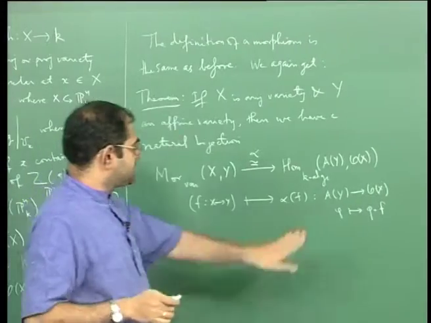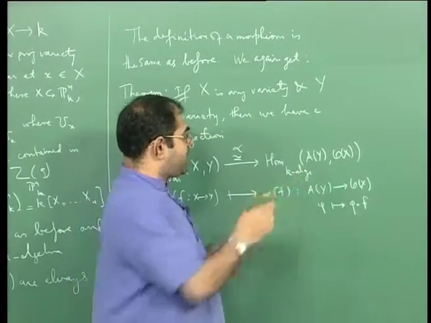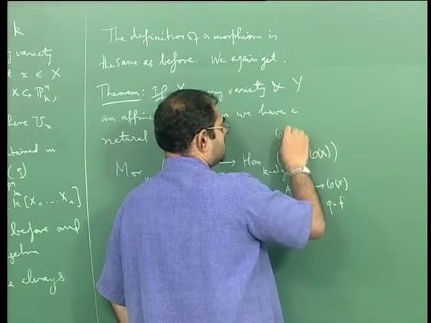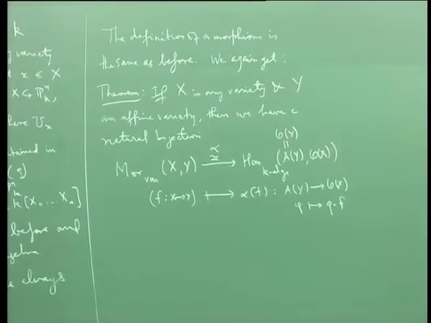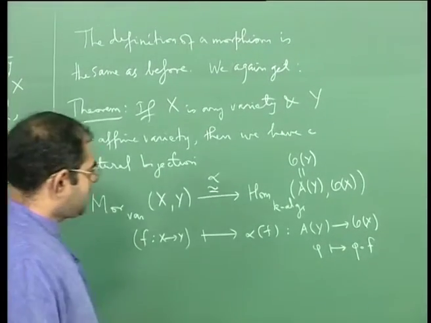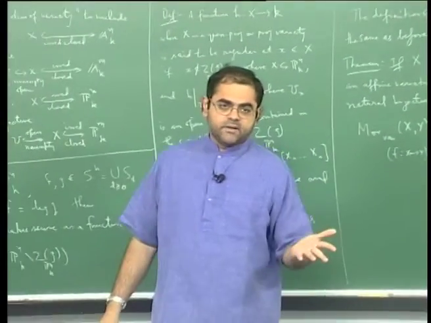This is just the pullback of regular functions, and you must remember that AY is the same as OY, because Y is an affine variety. The affine coordinate ring is the same as the global regular functions.